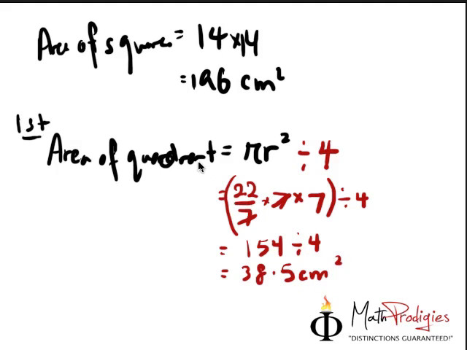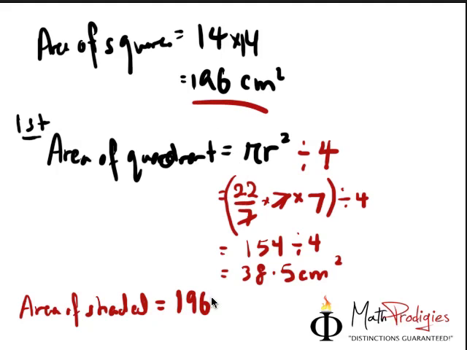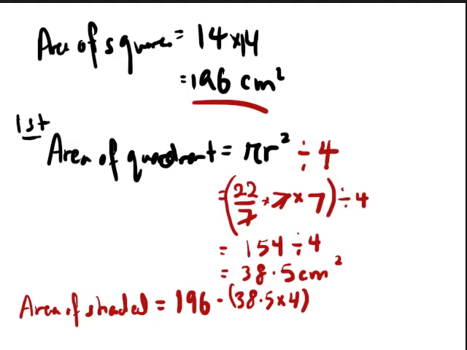So if the area of one quadrant equals 38.5 and the area of the square equals 196, what's the area of the shaded region? The area of shaded region equals 196 cm squared, which is here, minus 38.5 times what? Times 4, because there are 4 quadrants altogether.